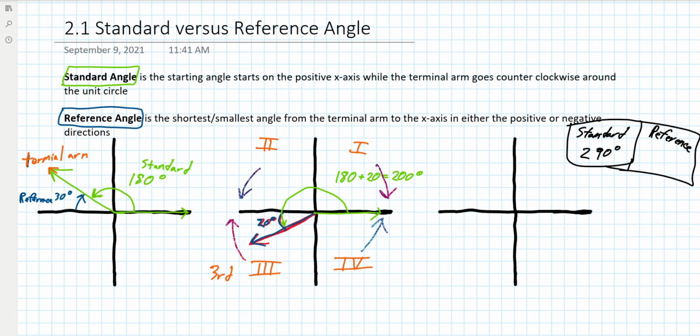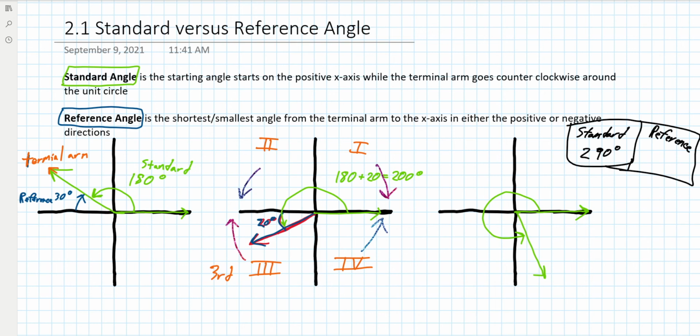Okay, I really hope you tried this out on your own, because this is key. You have to draw it on your own every single time. That's what I recommend. So roughly speaking, it's going to be somewhere around here. So 290 goes all the way around until here.